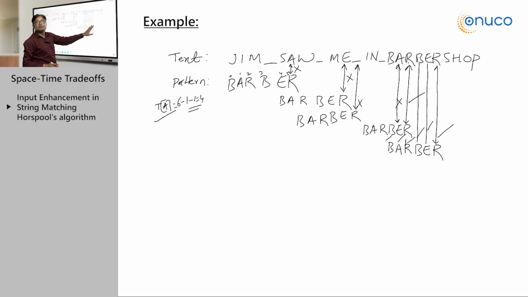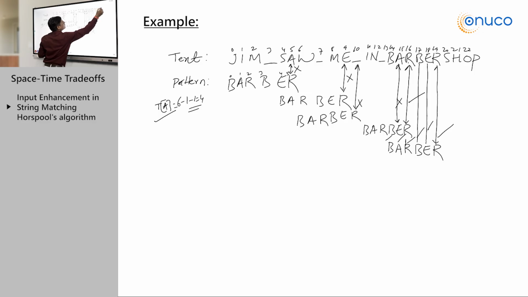But what is the position of that? Remember that when you are going to find out the positions, it is 0, 1, 2, 3, 4, 5, 6, 7, 8, 9, 10, 11, 12, 13, 14, 15, 16, 17, 18, 19, 20, 21, 22, 23. So what is the position?